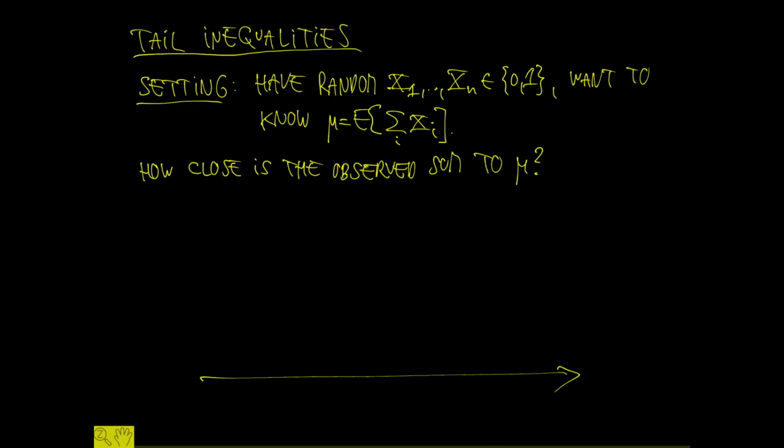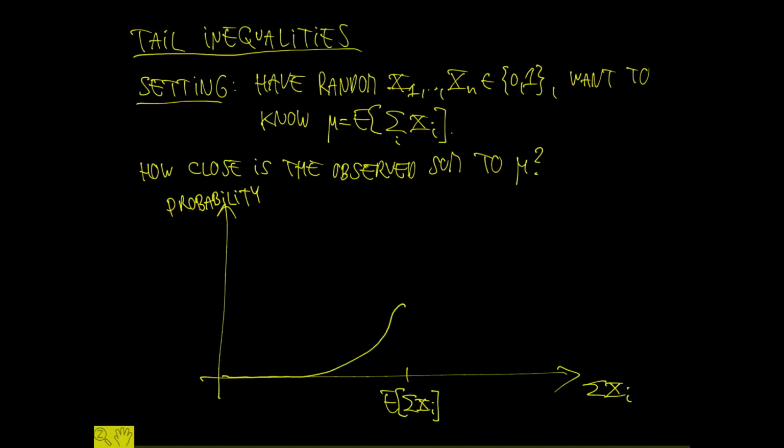How close is the observed sum to mu? We can think about the probability distribution of the sum over all xi. It has some expectation somewhere in the middle and a distribution of possible values.